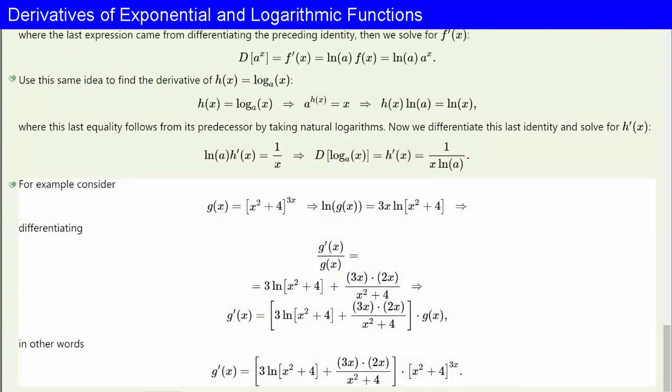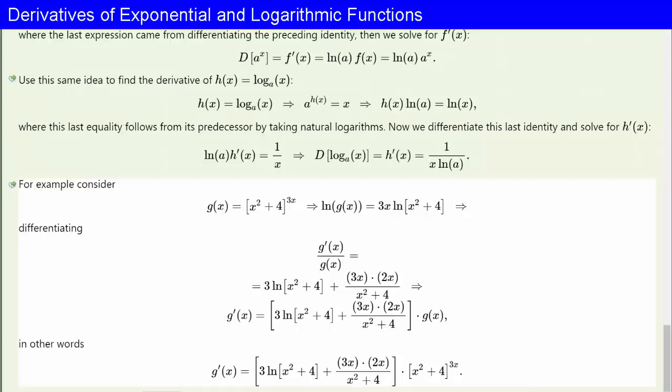Using this trick of taking logarithms and then differentiating allows us to differentiate some otherwise intractable expressions. For example, consider g of x equals x squared plus 4 to the power 3x. You can't use the power rule on this because the power is not a fixed number, it's variable.